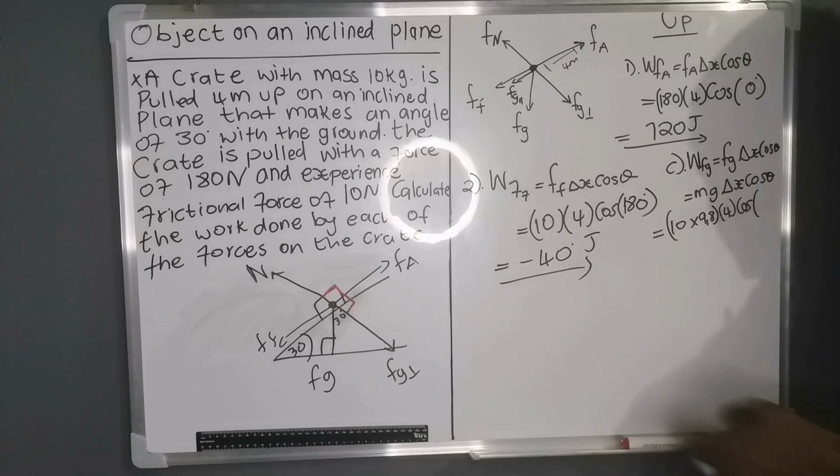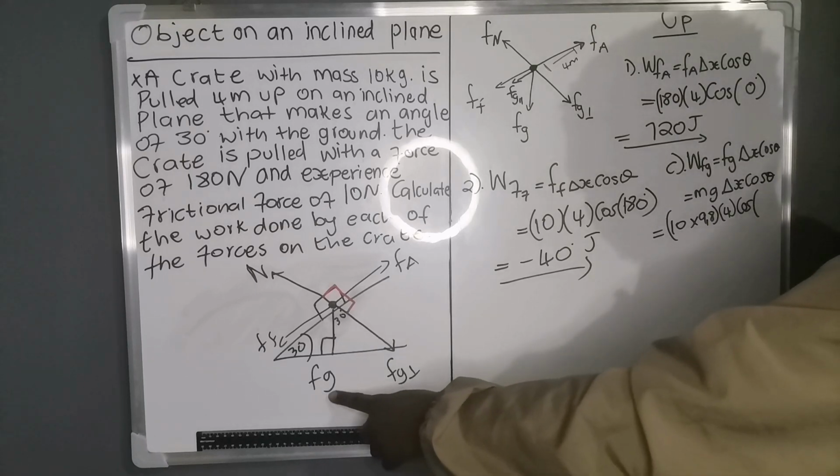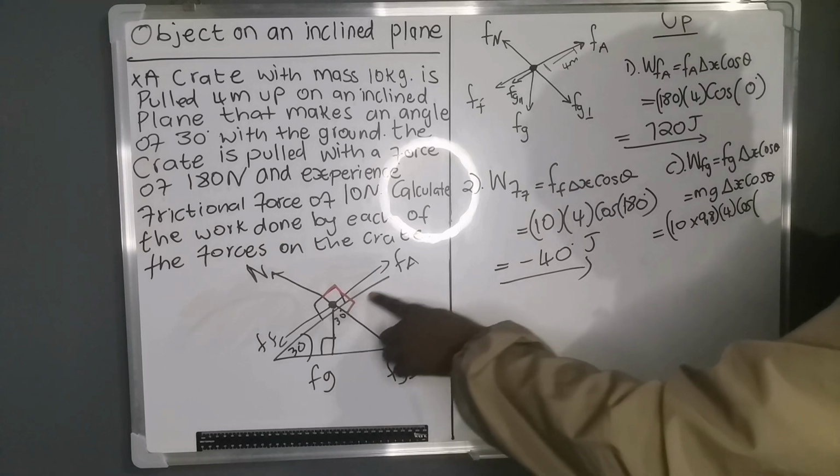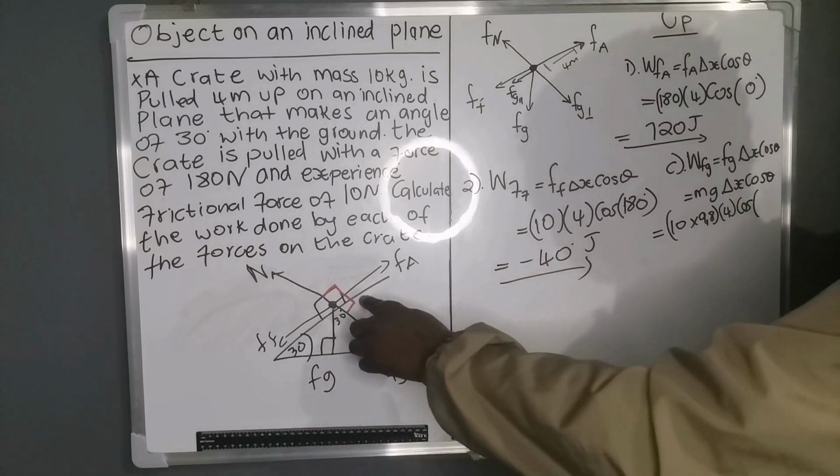Now remember, when you want to find the angle theta, in this case, the angle theta is the angle between the force and our displacement. In this case, it's the angle between Fg and our displacement. Where is our displacement? Here on this line, together with our force applied on this line.